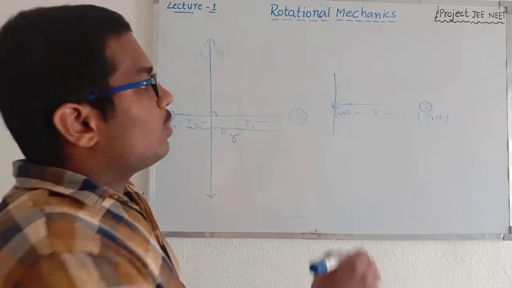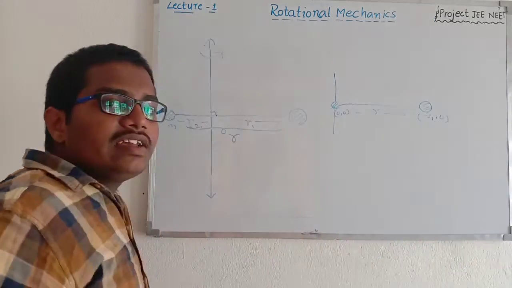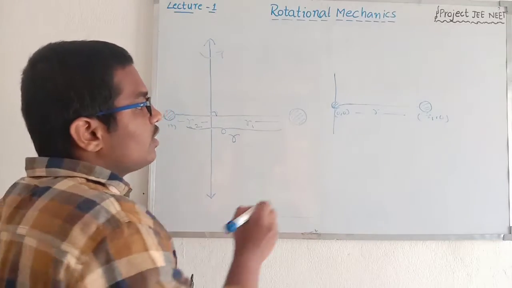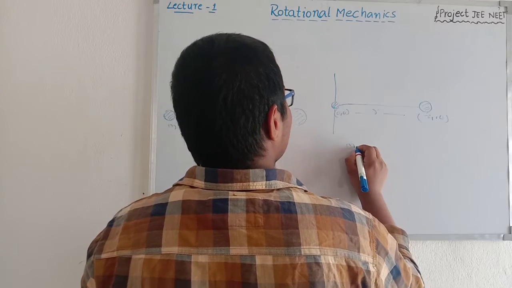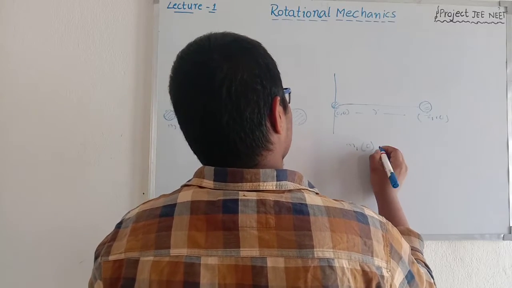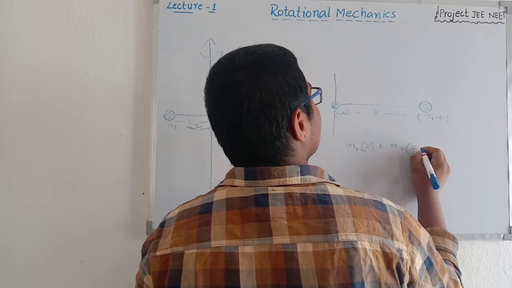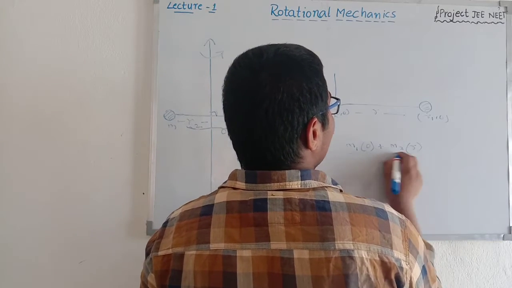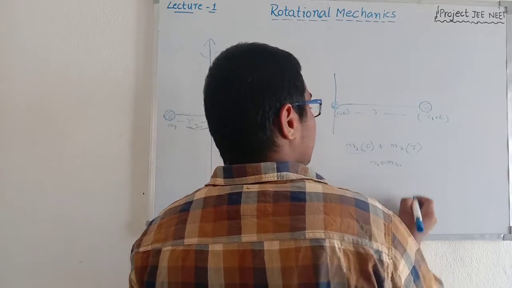So what is this distance? In the previous center of mass concepts, we can calculate this as m1 into 0 plus m2 into r by m1 plus m2.